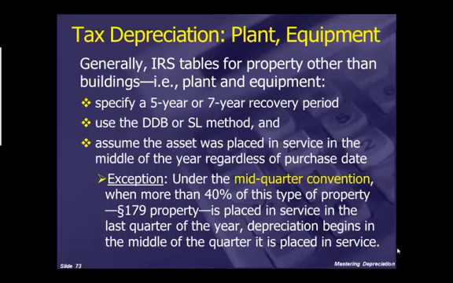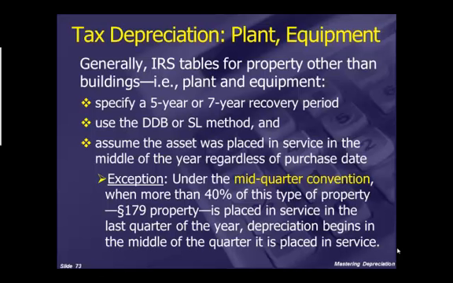So when more than 40% of personal property is placed in service in the last quarter, depreciation begins in the middle of the quarter it is placed. So the fourth quarter is October, November, December. Halfway through would be November 15th. So for mid-quarter, you would get 1.5 months of the quarter, and then the remaining quarters until the end of the fiscal year.